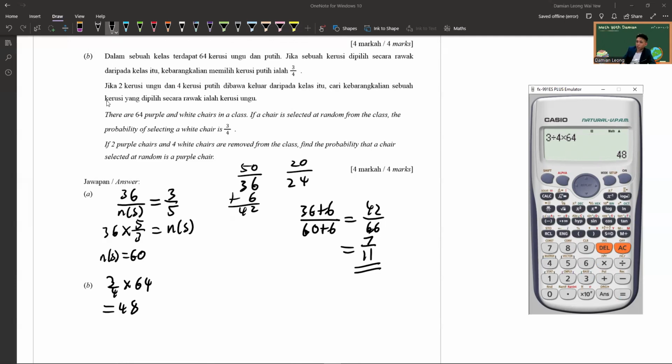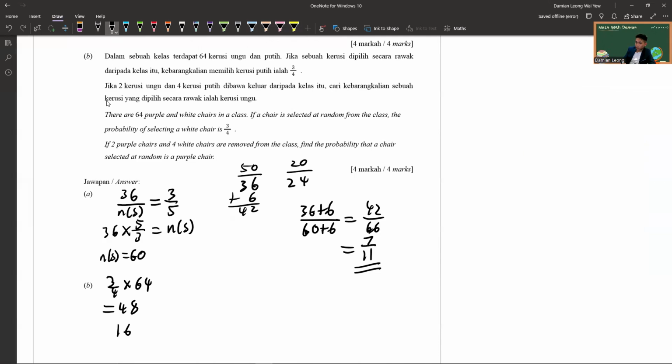Yeah, 48 chairs means there are 48 white chairs. 2 purple chairs and 4 white chairs are removed from the class. The rest of the chairs would be 16.